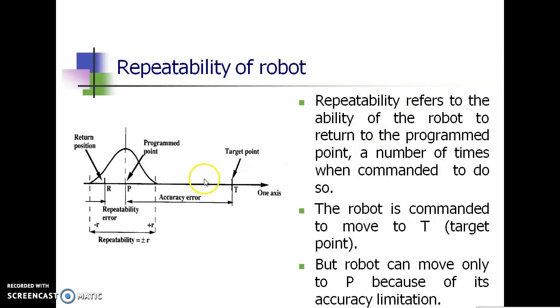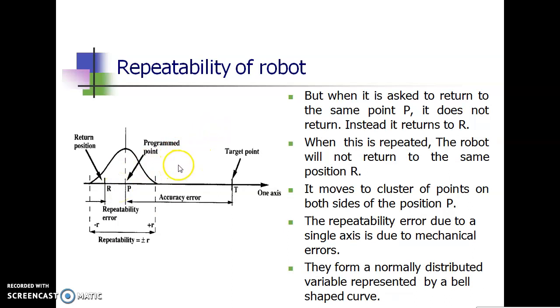So, for example, the robot is commanded to move to the point T, that is actually the target point, but it can move only to P because of its accuracy limitation. This is actually the addressable point.